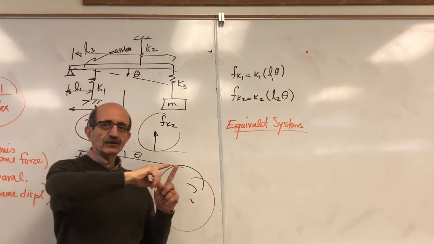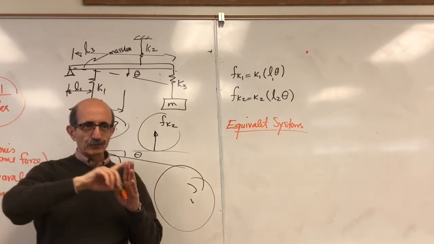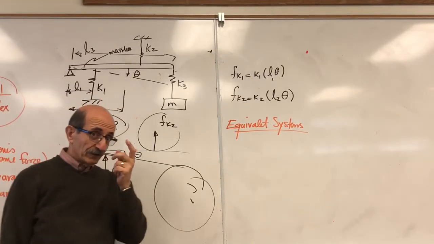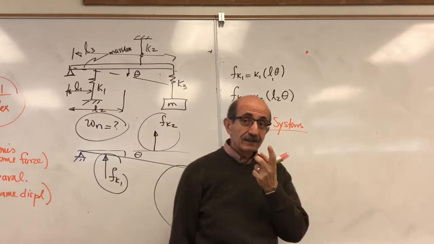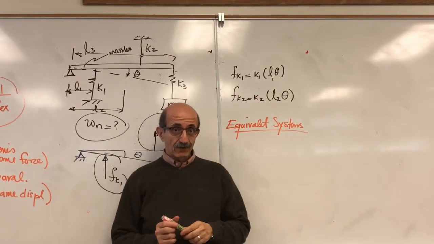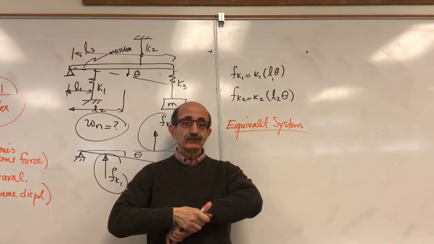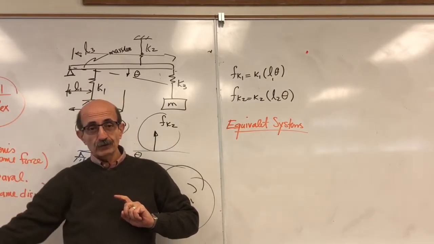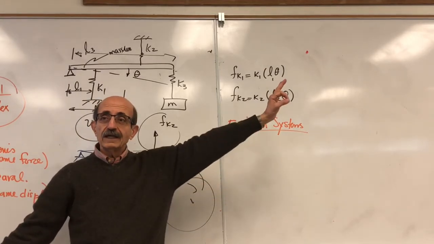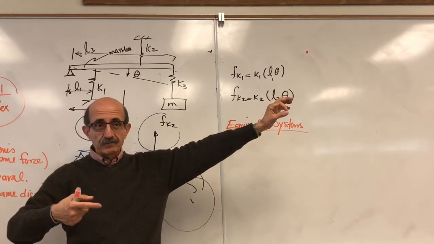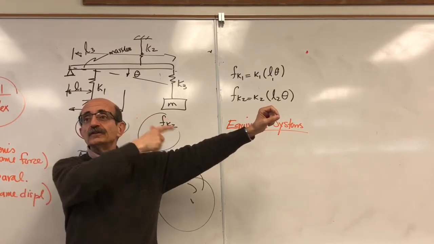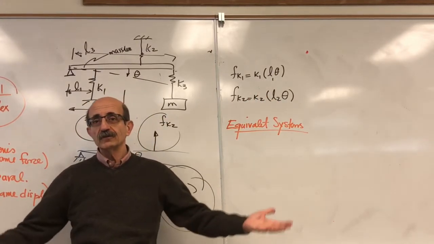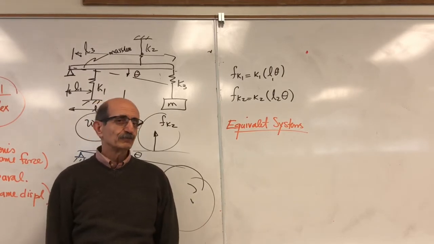You find the resultant of all those forces and put it at the point you want. However, you need to add the moment that results from moving these forces there. In other words, the moment of this equivalent force about a point should be the same as the sum of the moments of each individual force about that same point. We call that the concept of equivalent systems. I'm sure you remember that.